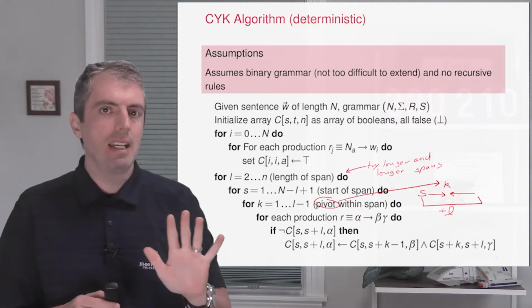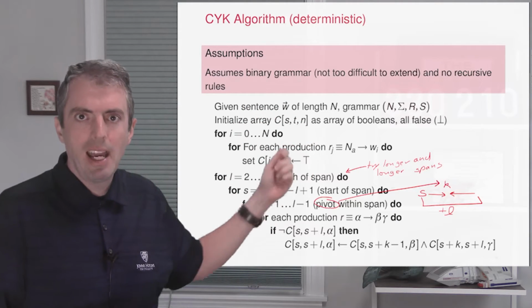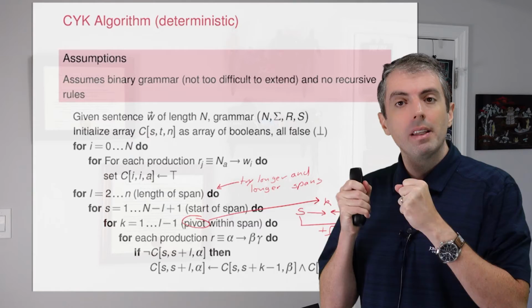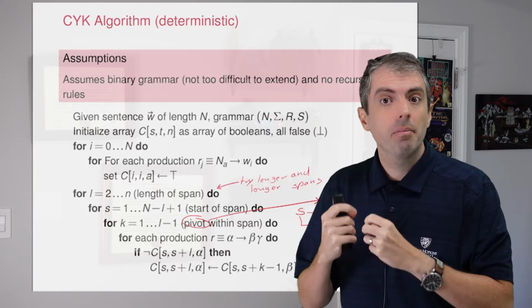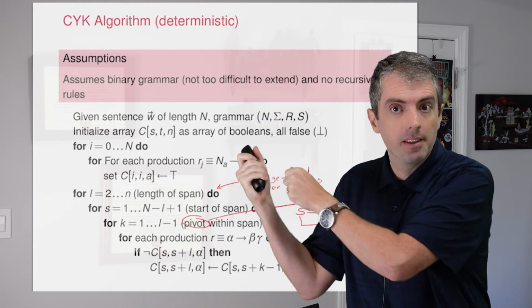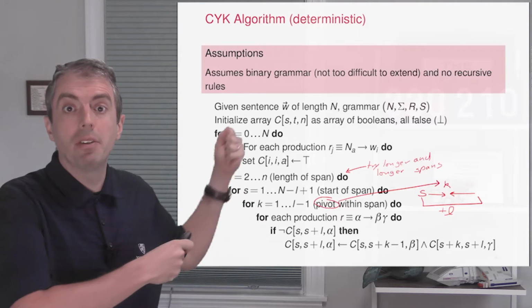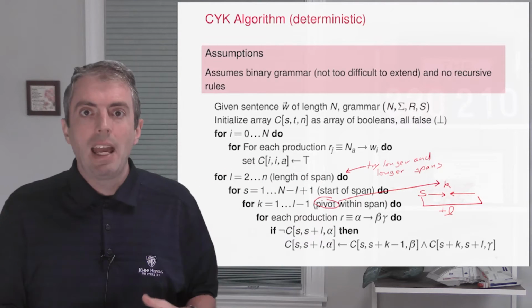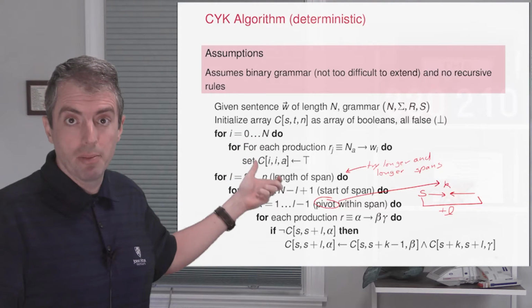Let's call the change from one non-terminal to another the pivot position, and represent that with the letter K. Given all that, what we're trying to do is check whether there is some production rule that covers this possible combination of non-terminals, that has a left-hand side alpha and produces a right-hand side beta and gamma. And with that, we fill up the chart position with two shorter spans.